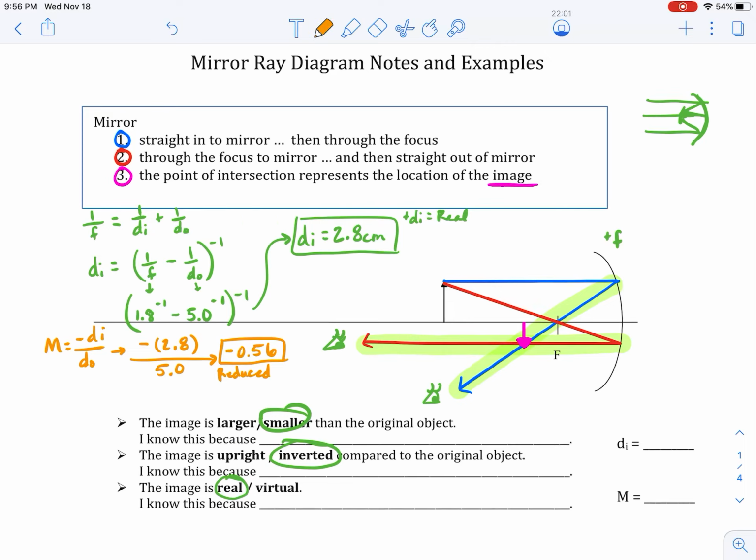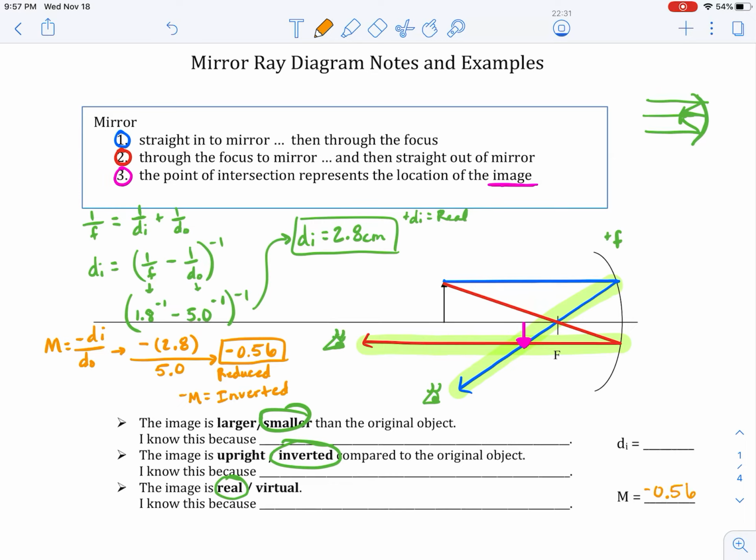The other piece of information we can interpret is whether this is an upright or inverted image. If you recall from the notes, if we calculate a negative value for our magnification, that means our image is inverted. Looking at our notes, that's what it tells us. Looking at our picture, sure enough, we drew our arrow upside down.